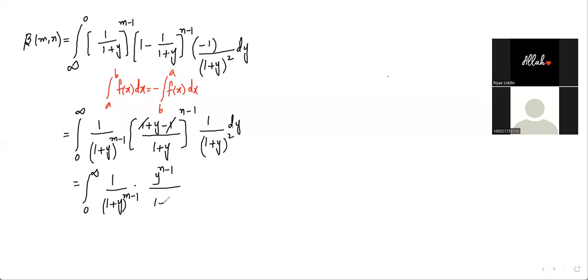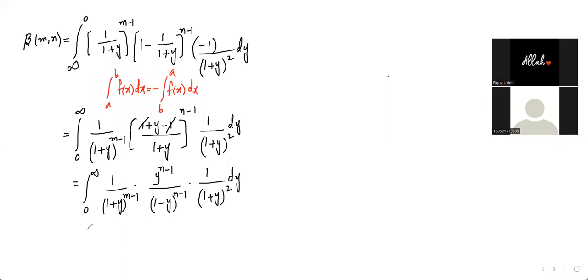I am applying this power for numerator as well as for denominator, n minus 1, into 1 by 1 plus y whole square, into dy.